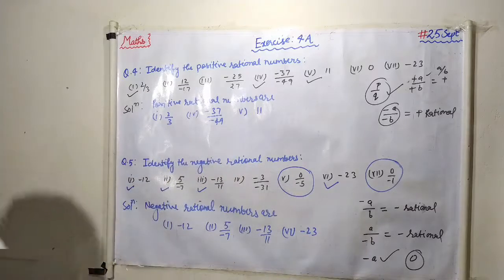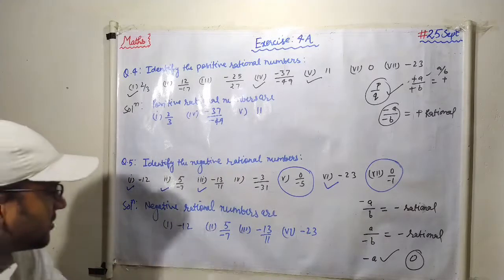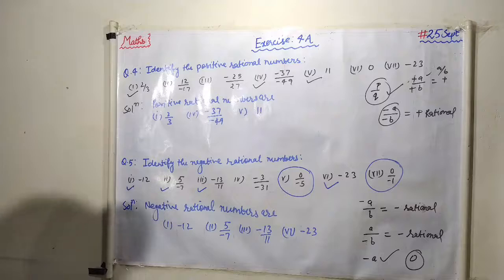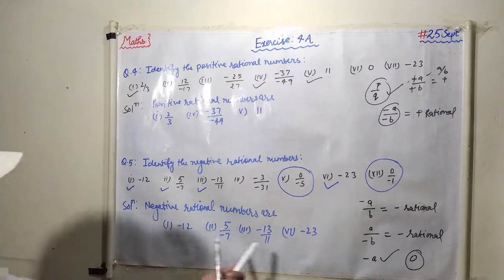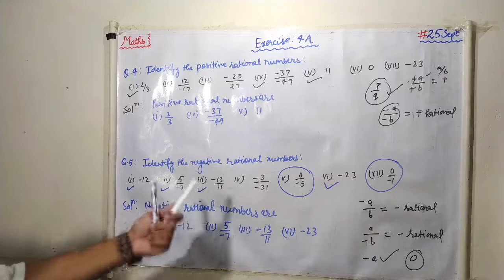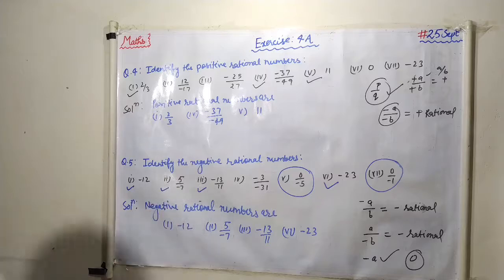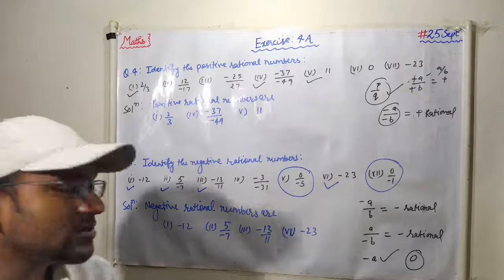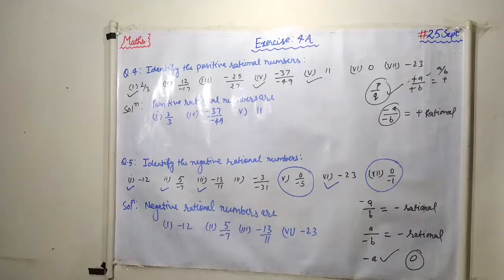So these are the negative rational numbers in the given questions. If you get this type of questions, you will try to solve them properly.